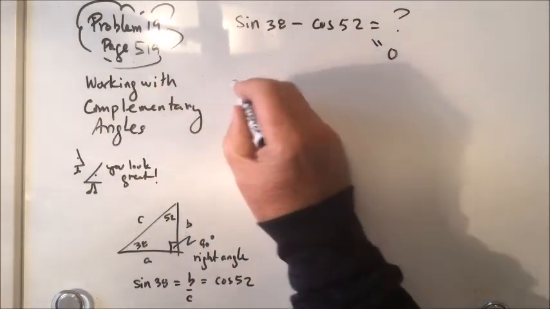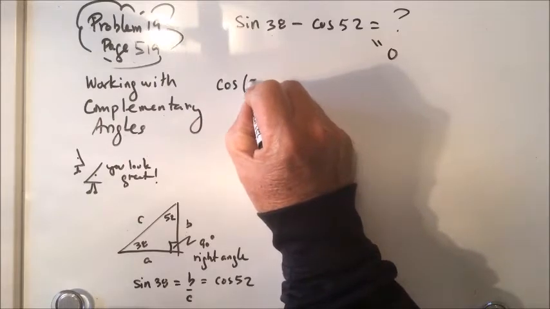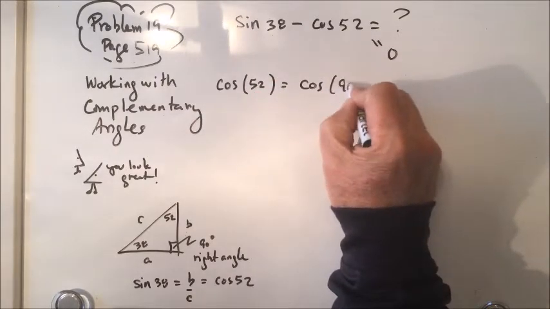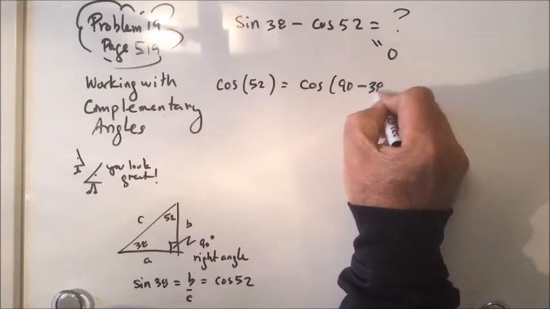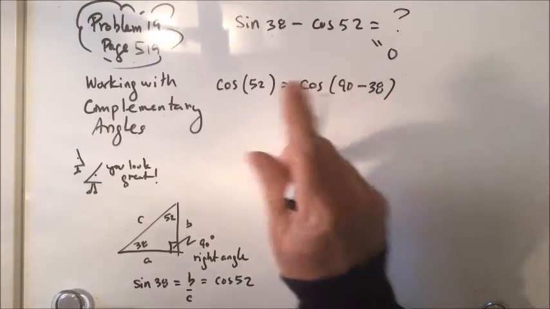Another way to see that is, let's write the cosine of 52 as equal to the cosine of 90 minus 38. All right, because it is, after all, 52 is 90 minus 38.